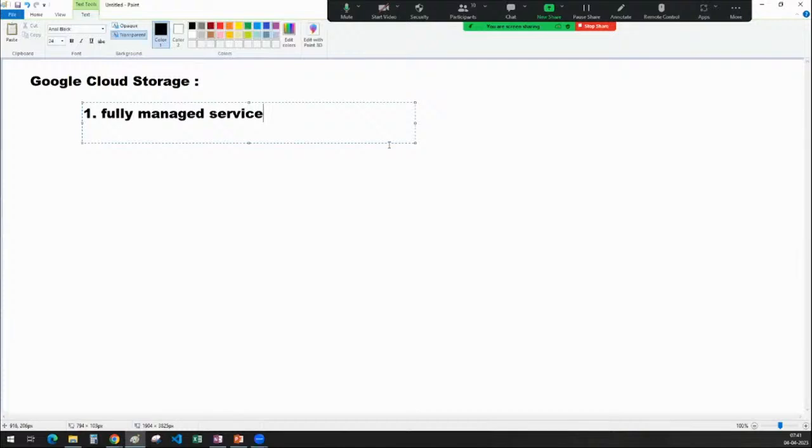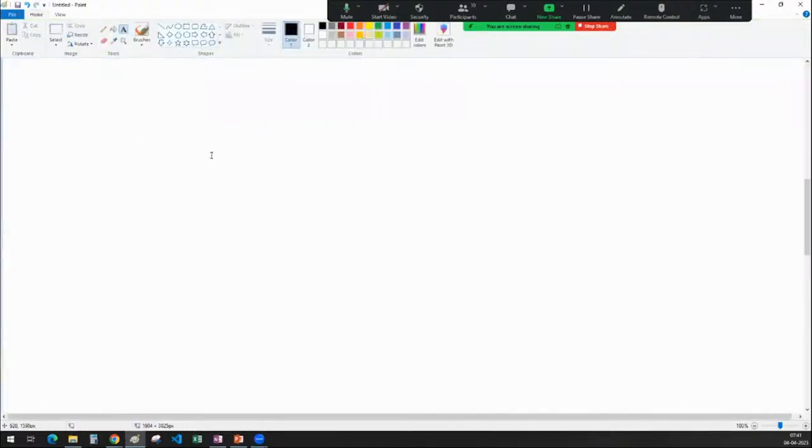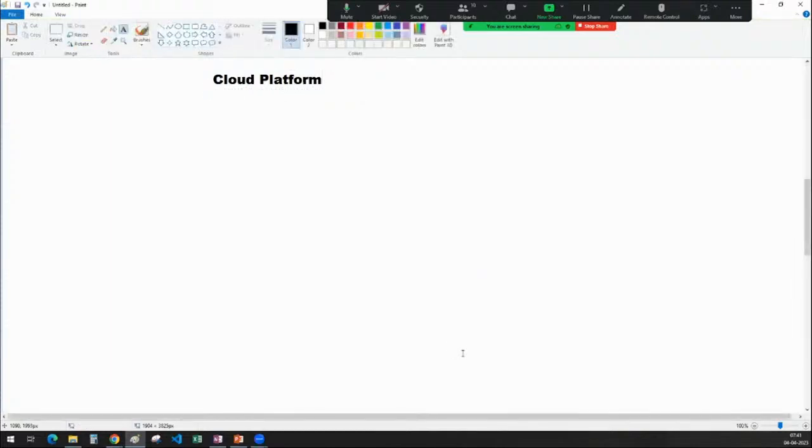I want you to understand what is meant by fully managed. First, I will tell you: if you go to any cloud platform, the services in the cloud platform are categorized into different things.